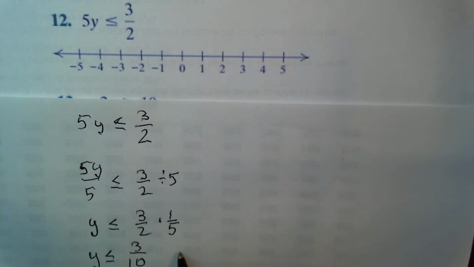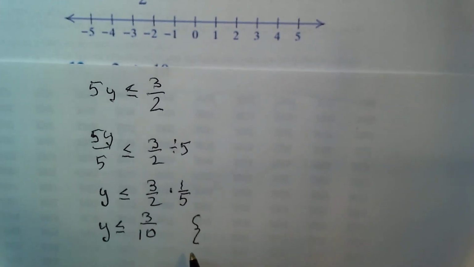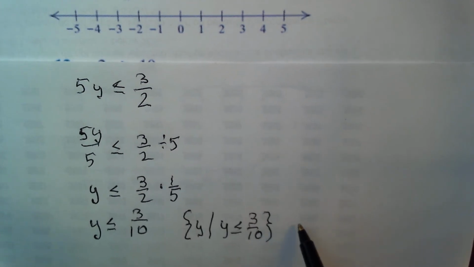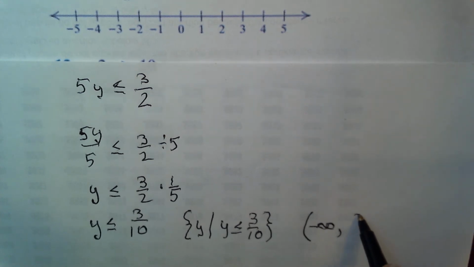In other words, now in set notation, we have the set of all y such that y is less than or equal to 3/10. That would be in set notation. And in interval notation, it would be minus infinity, comma, and then 3/10 with a bracket.